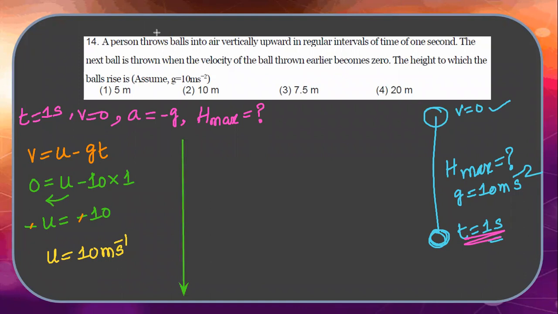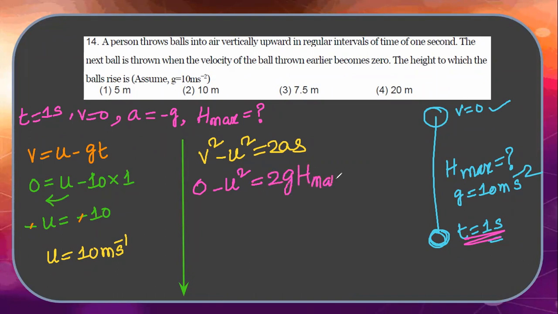Afterwards, we'll take the maximum height reached. We have to calculate from another equation: v square minus u square is equal to 2as. And this final velocity is 0, so 0 minus u square is equal to 2g h maximum.